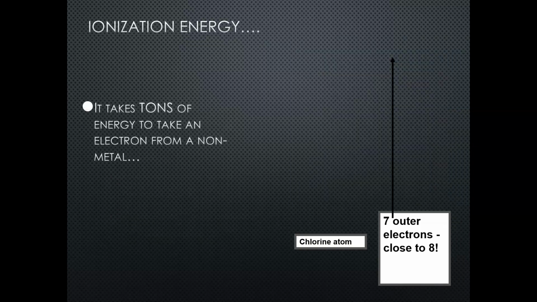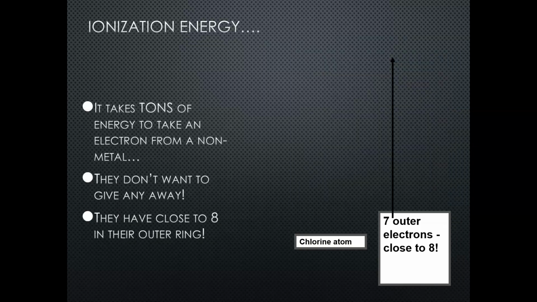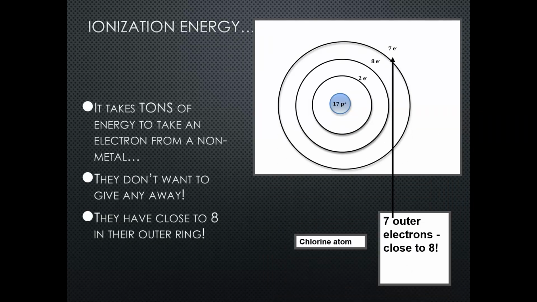Nonmetals don't want to give them away. They are close to 8, and they're like, just give me one more, and they'll be closer to 8. So it takes a lot of energy to pull an electron from a nonmetal.